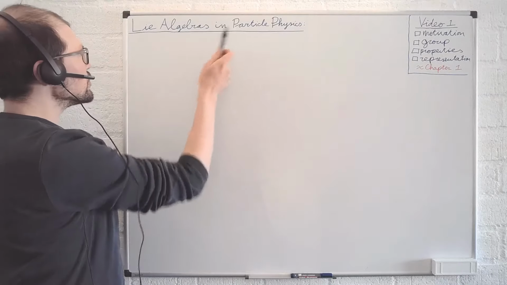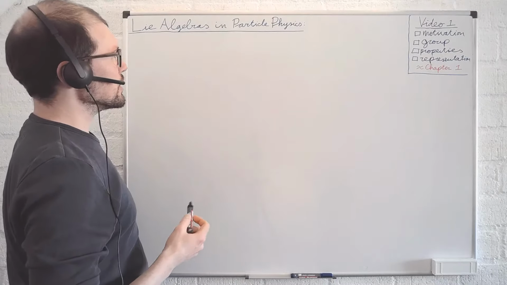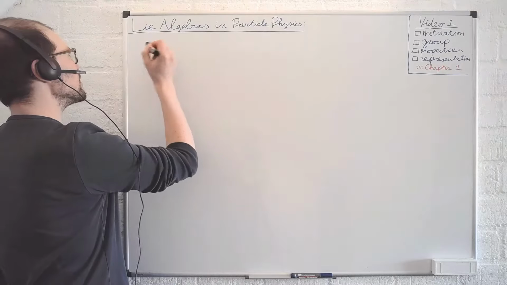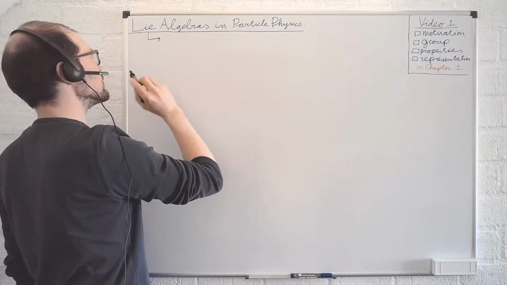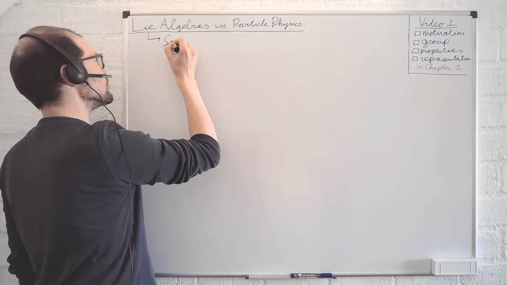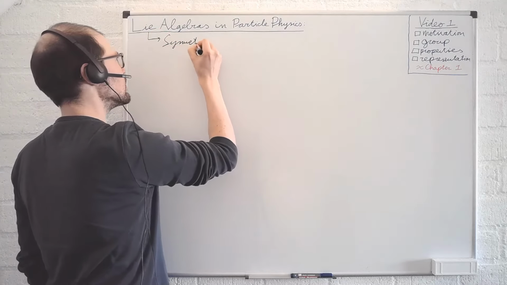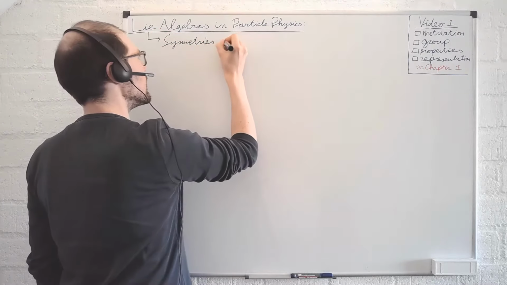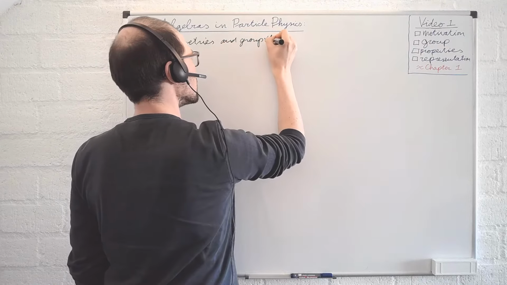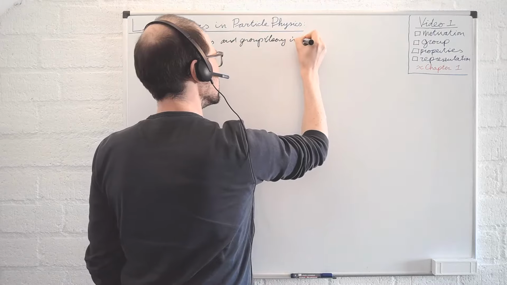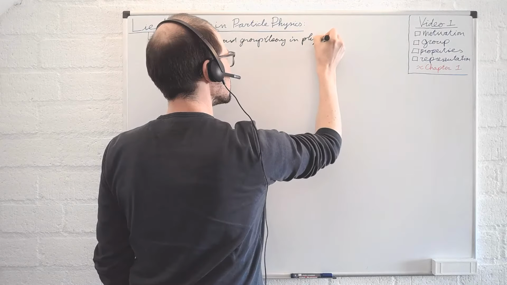So the course is titled Lie Algebras in Particle Physics. This is a bit of a narrow title, perhaps. We could also have called this course Symmetries and Group Theory in Physics.